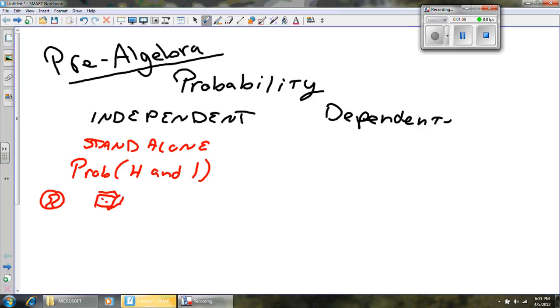I want to know the probability of getting a heads on the coin and rolling a 1 on the 6-sided die. Well, those are independent events. There is no way that flipping the coin can affect the outcome of rolling a die. They are totally unrelated to each other.